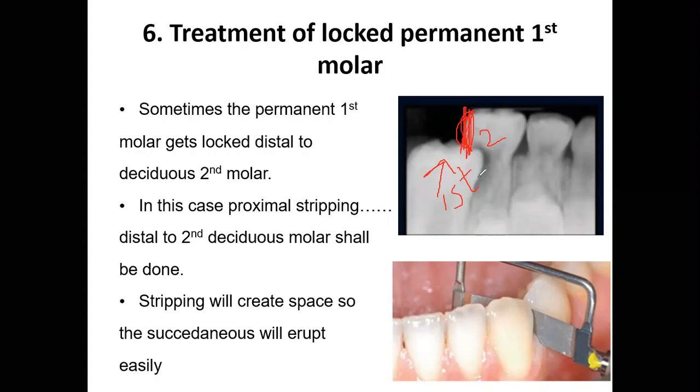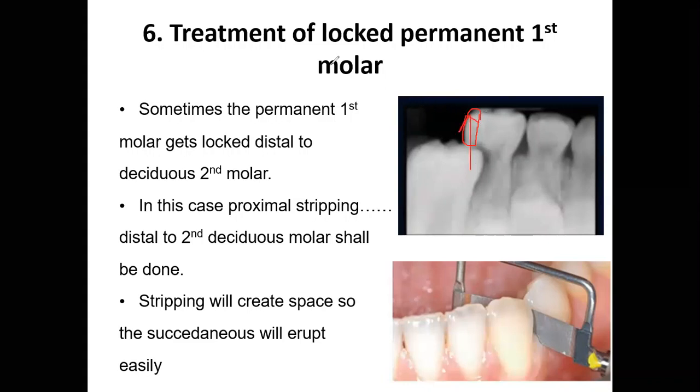This is the stripping or disking or slicing, whatever you say. Not cut, but the proper term is we need to do stripping or slicing of this distal surface of the second molar tooth in order to leave the space for this permanent tooth to erupt into the oral cavity.